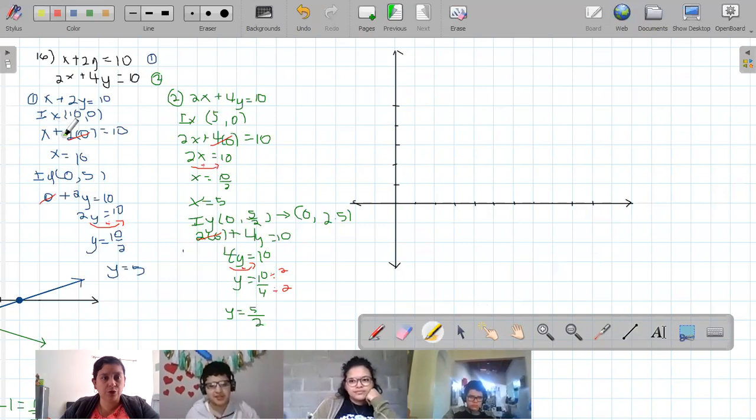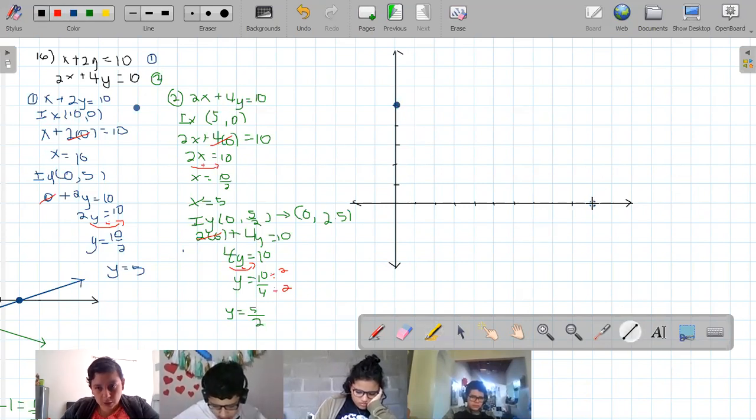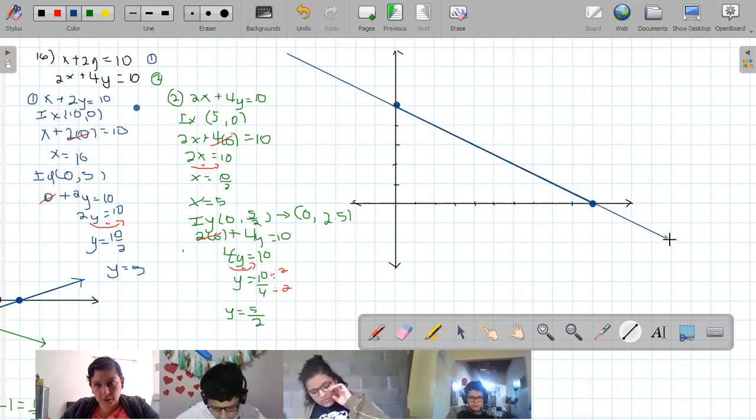Okay, let's go with the blue one. 10, 0, so it is this. And 0, 5: 1, 2, 3, 4, 5. I connect those two, passing through the center with a blue line. I extend it a little bit to both sides.